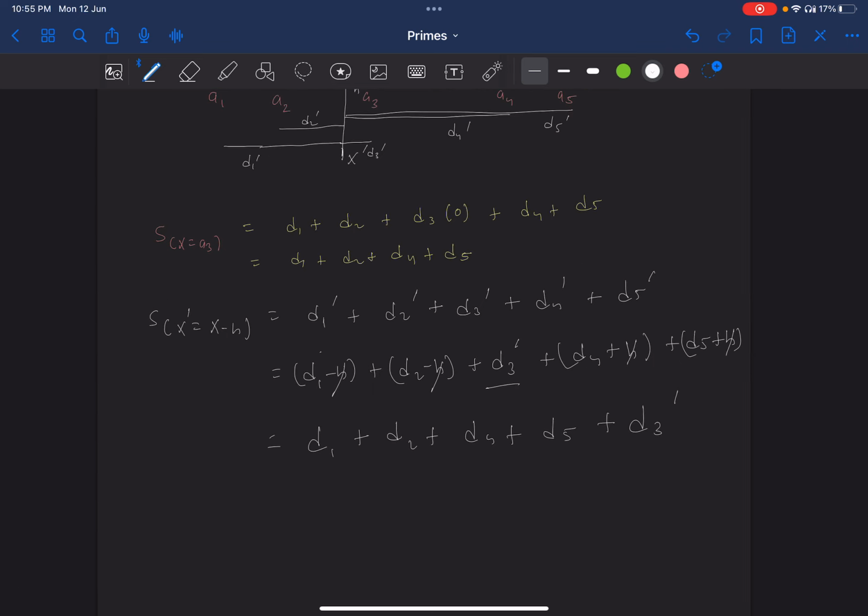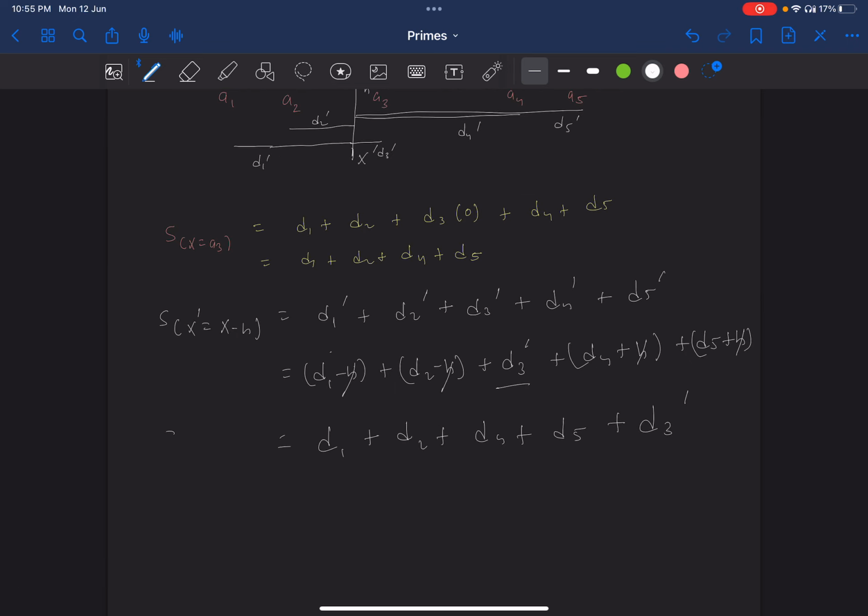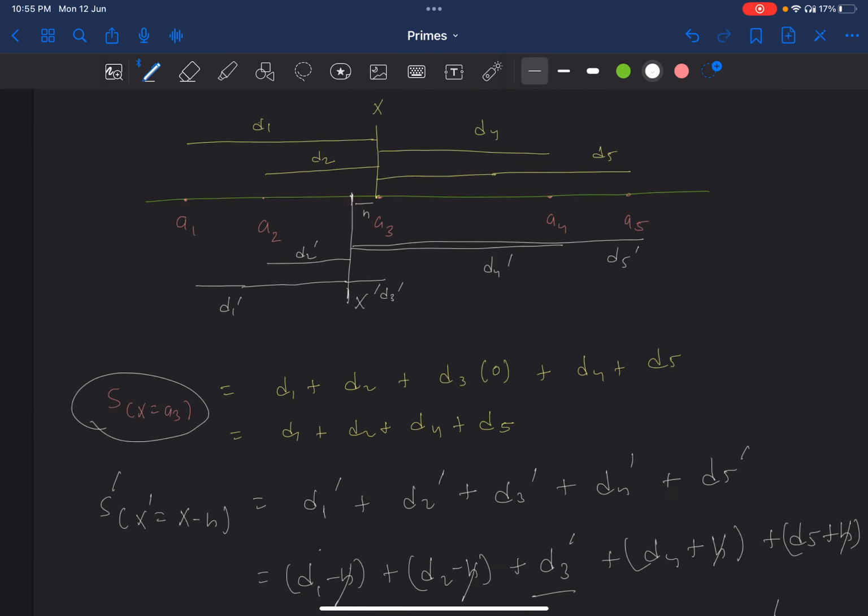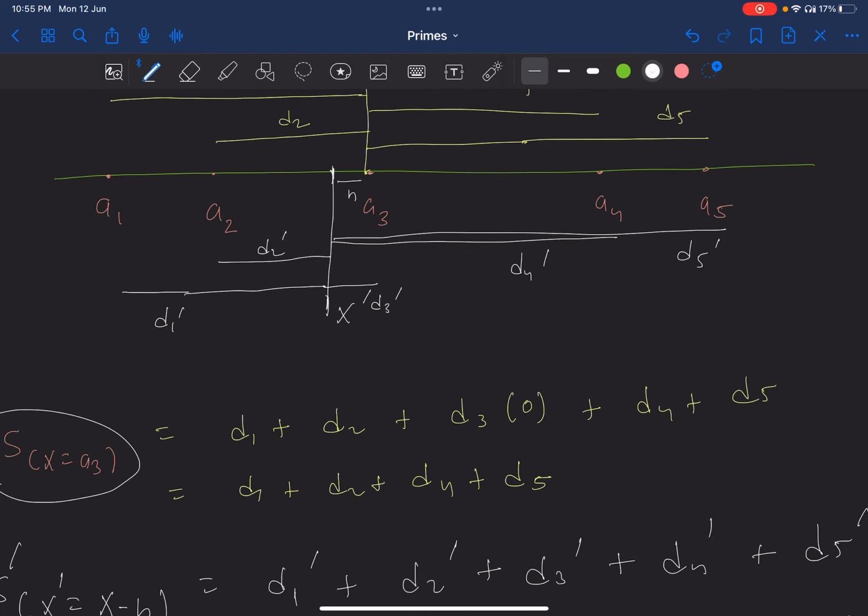So we can say that this S dash is equal to, so what is this term? This term is nothing but S, right? So S dash is equal to S plus d3 dash. And what is d3 dash? d3 dash is nothing but h itself, this distance, right?